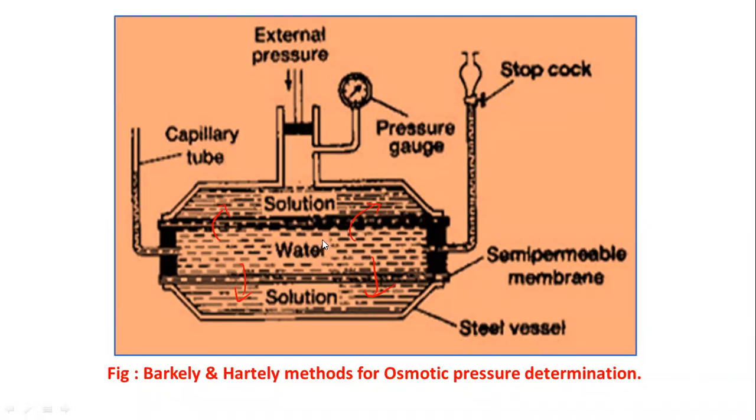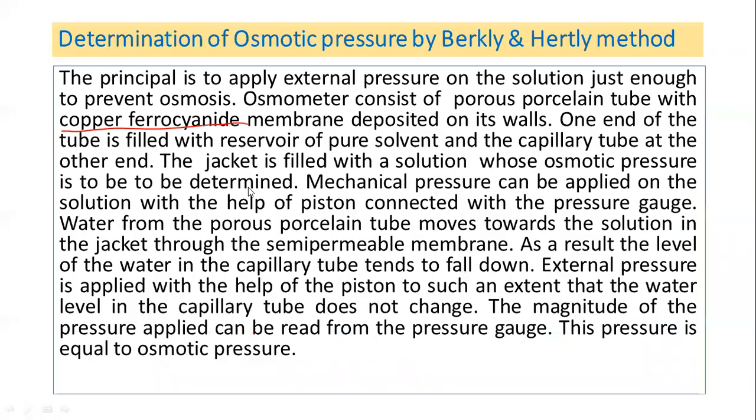Now, when the water flows from this to this, the level of the water in the capillary tube goes down, because this water is going to the solution compartment. So that is the osmosis process taking place.